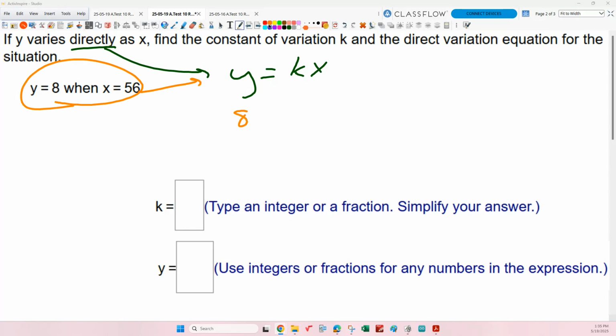So I get 8 equals k times 56, right? So how would I solve for k? Divide by 56. So those cancel. So k equals 8 over 56. What does that reduce to? 1/7. There you go.